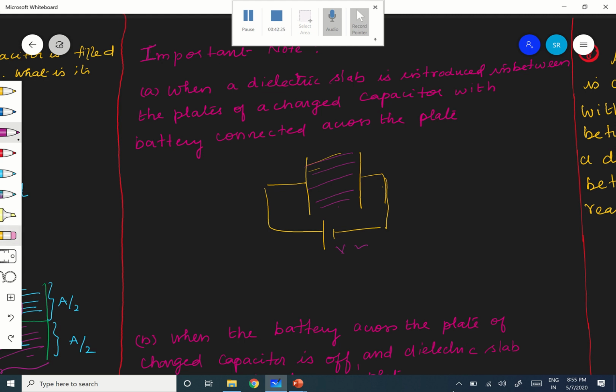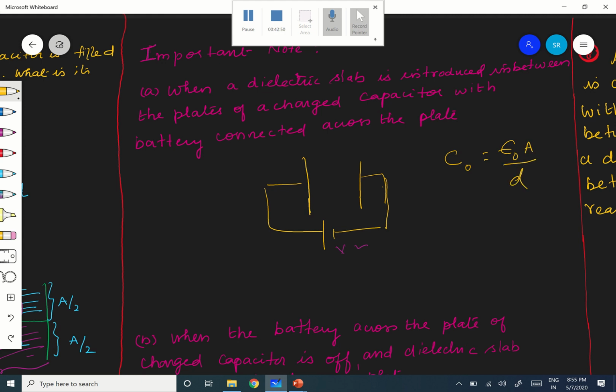Before that, nothing was there, it is just air medium. When it was air medium, the capacitance C naught is equal to epsilon naught A by D.